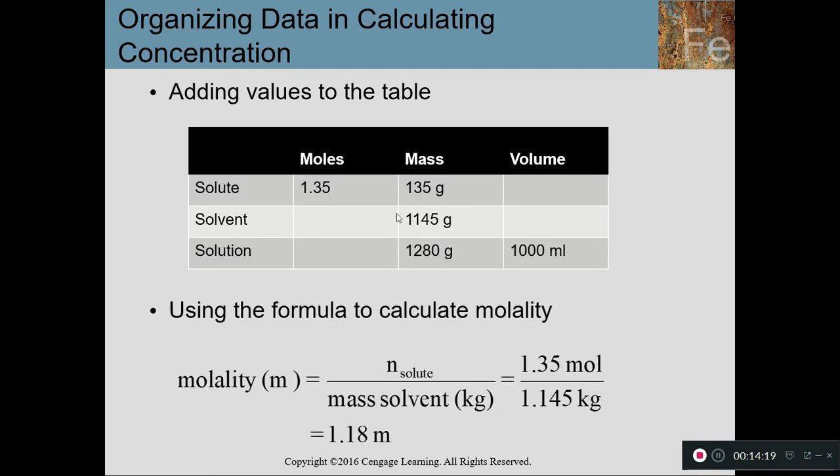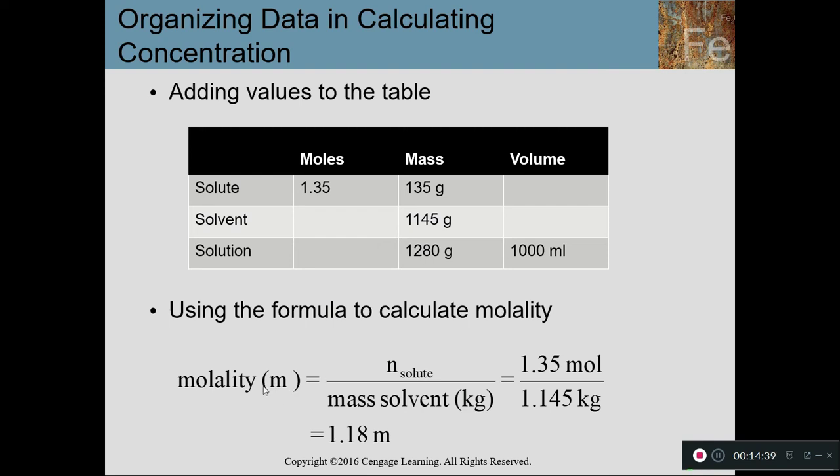So let's look at this. What I've done is I've taken my 1.35 moles, and that's going to turn into 135 grams. I'm going to take my 1,000 milliliters times the 1.28 grams per milliliter, so I have 1,280 grams. The difference between these two is the mass in grams of the solvent.